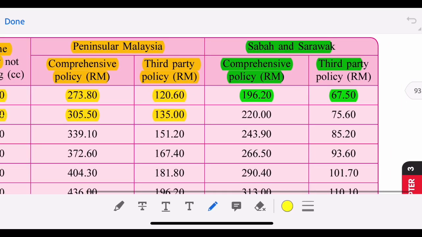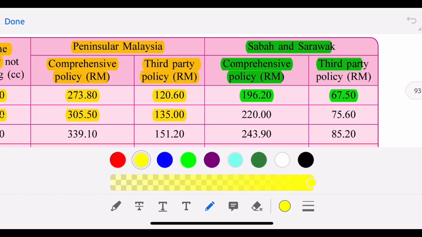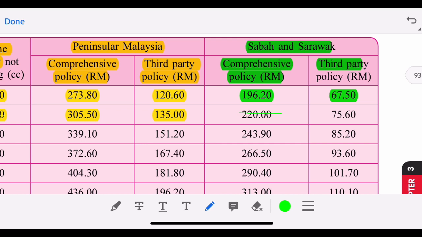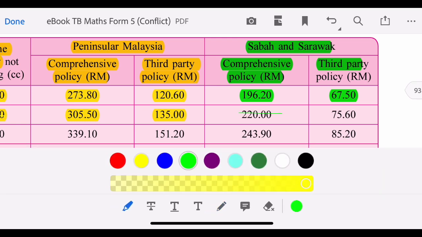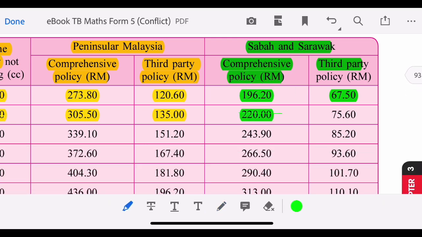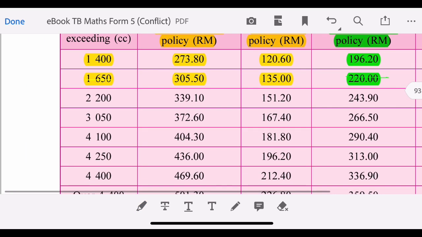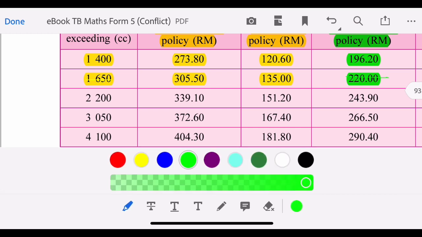Same thing applies to Sabah and Sarawak. The price will go up as well. As you see, it is 220 for comprehensive policy and 75.60 for third party.